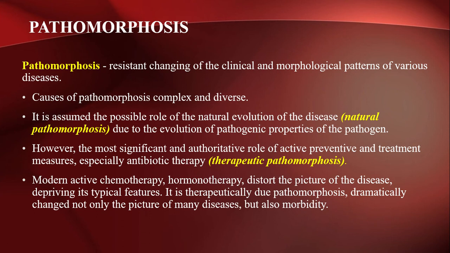However, the most significant and authoritative role is that of active preventive and treatment measures, especially antibiotic therapy, which we call therapeutic pathomorphosis. Modern active chemotherapy and hormonotherapy distort the picture of the disease, depriving it of its typical features. Therapeutic pathomorphosis dramatically changes not only the picture of many diseases but also morbidity.